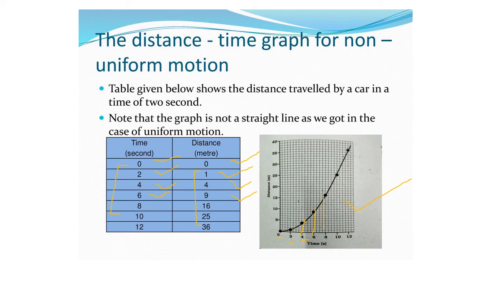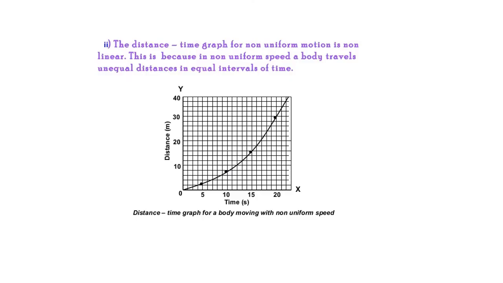When we are not getting a straight line, that means that is not a uniform motion. This is called the non-uniform motion. So in this slide, again we have seen the distance time graph for the non-uniform motion, which is non-linear.